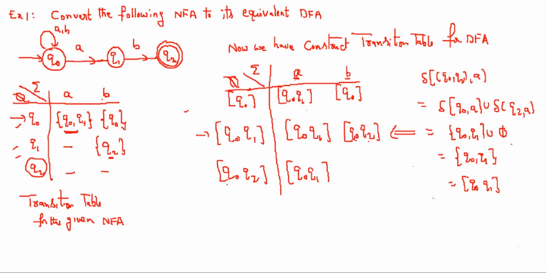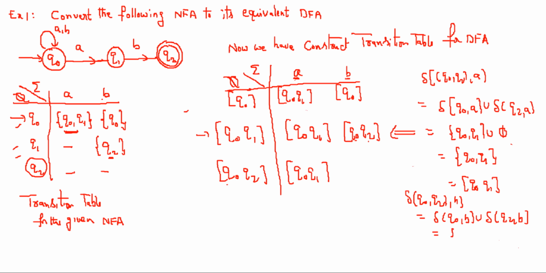Now again see what happens if you apply B on Q0 Q2. We will write delta of Q0 Q2 comma B is equal to delta of Q0 comma B union delta of Q2 comma B. Again you write, what happens if you apply B on Q0?